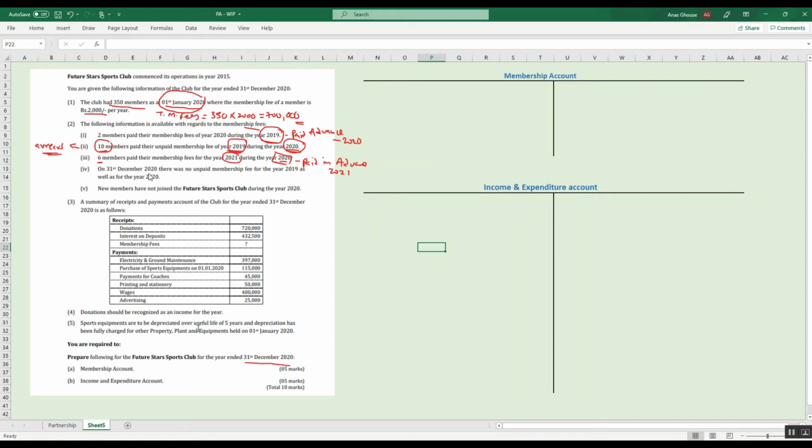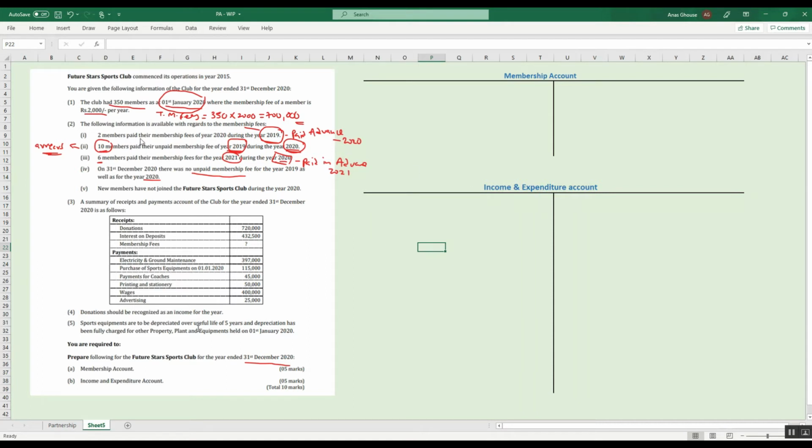On 31st December 2020, there was no unpaid membership fees for the year 2019 as well as for the year 2020. So let's prepare the membership account first.